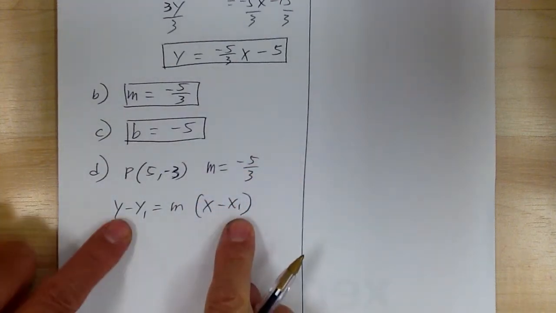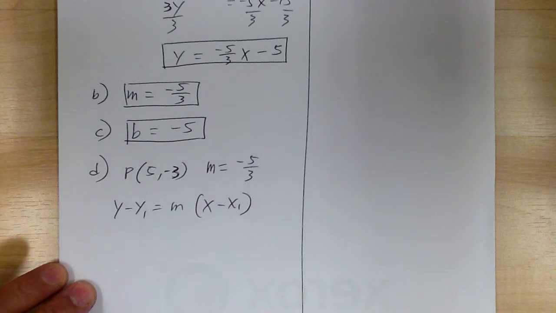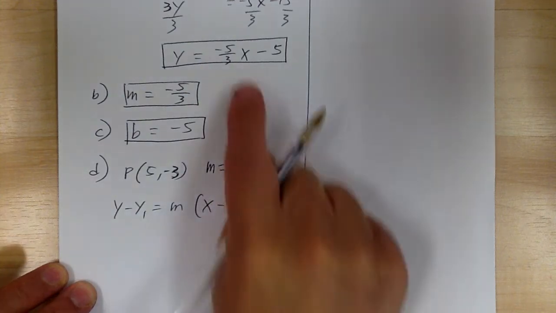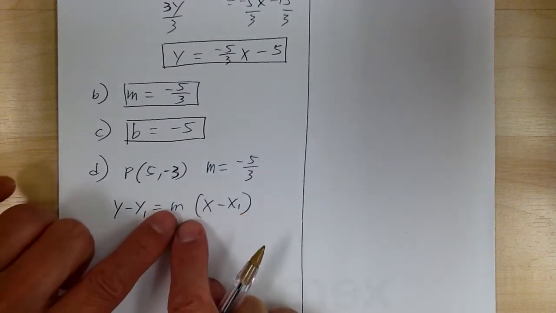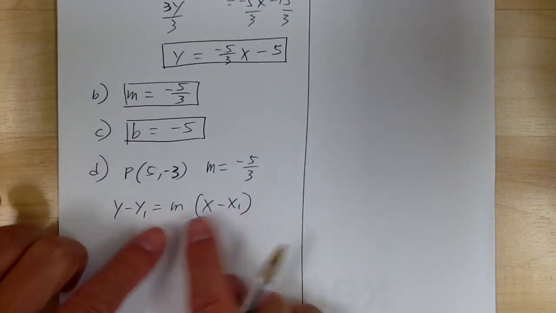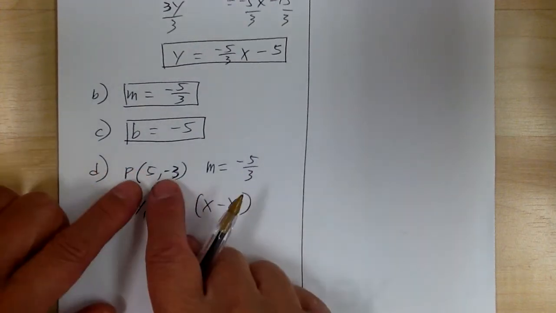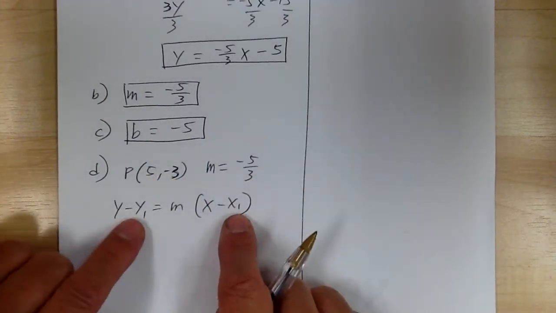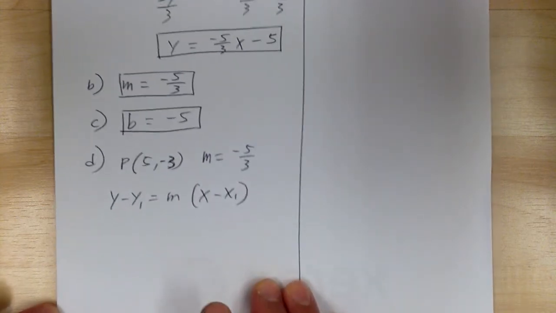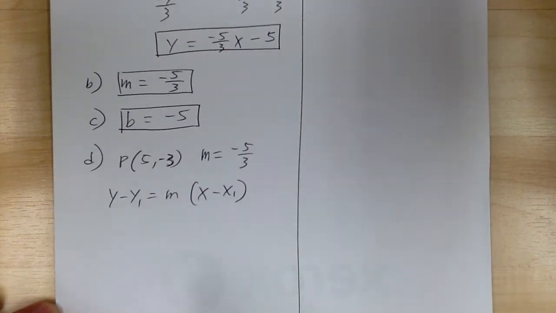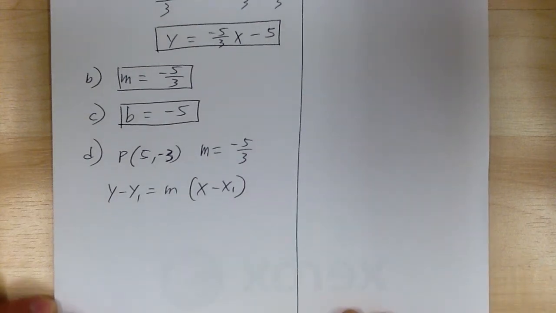Make sure you know all your forms. This is your slope-intercept form, and this is your point-slope form. The reason you use point-slope form is because they give you the point and the slope. You use a form based on whatever they give you. If they give you the slope and intercept, then you use slope-intercept form.